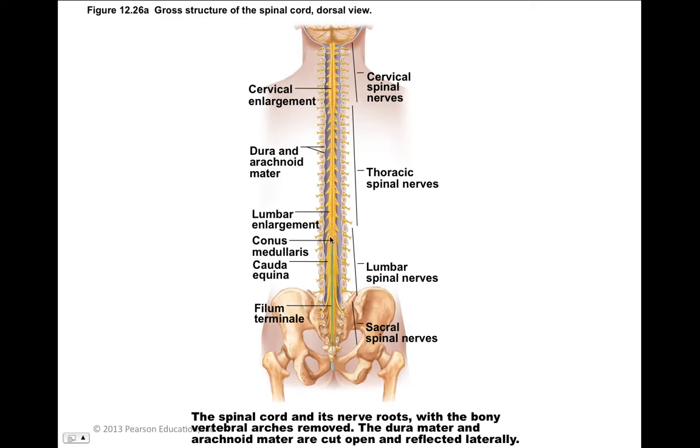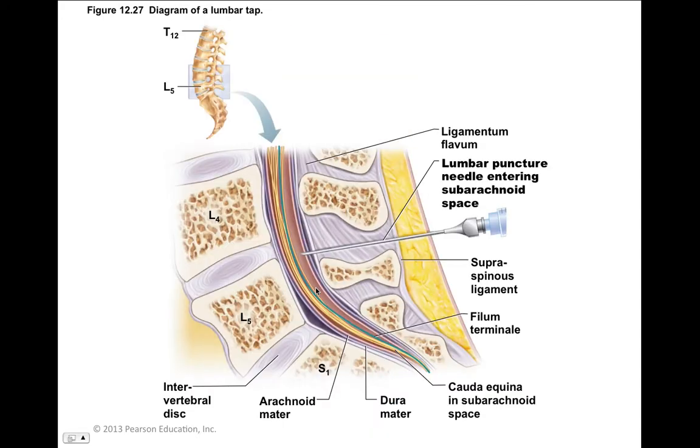But the actual meat of the spinal cord is going to end at L1, L2. So all these nerves will come up in the vertebral canal and attach and innervate at the L1, L2, or above regions.